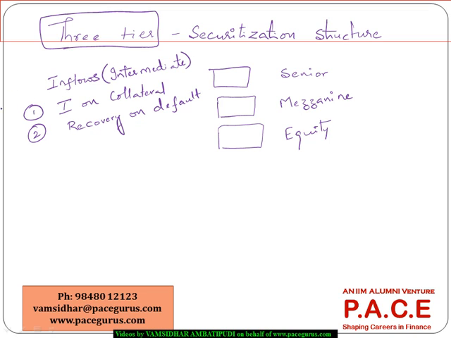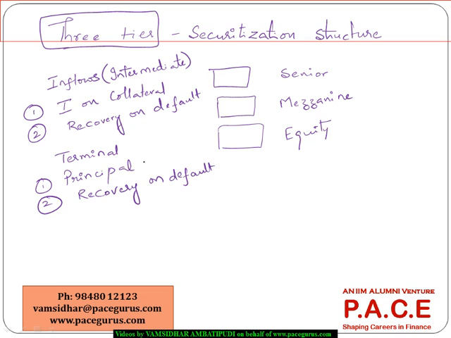On the terminal side, there is the principal portion, and whatever defaulted assets there are during the last year, the recovery on those defaulted assets.